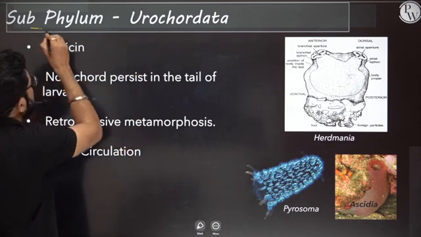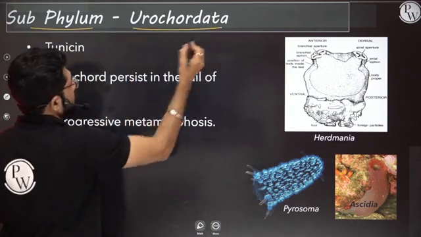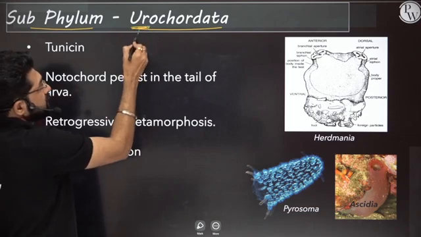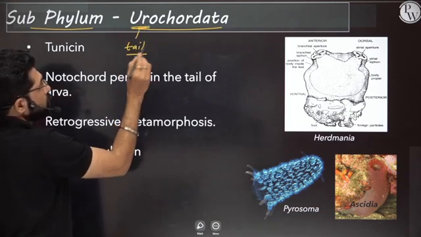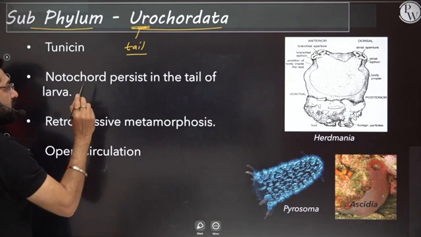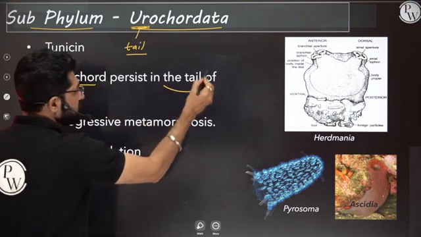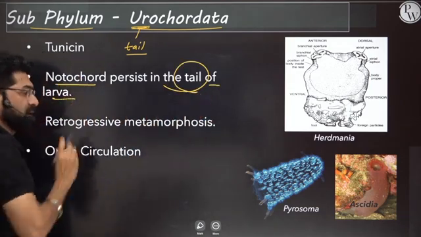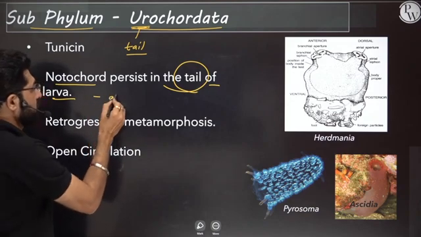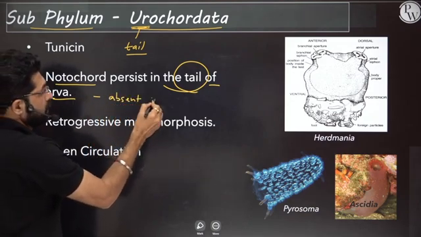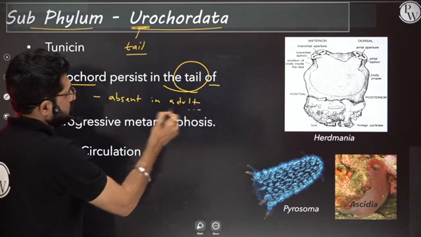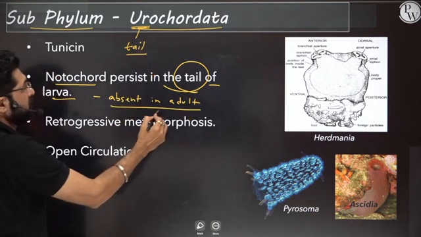The chordates have been divided into subphylum Urochordata. Why is it called Urochordata? Uro means tail. So the notochord is only present in the tail of the larvae. Absent in the adult.